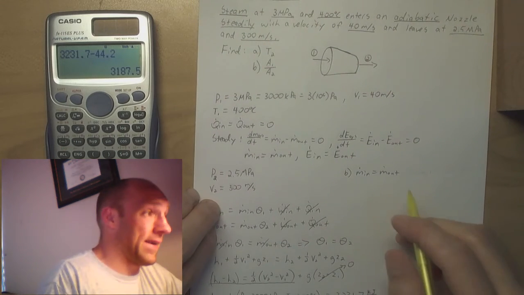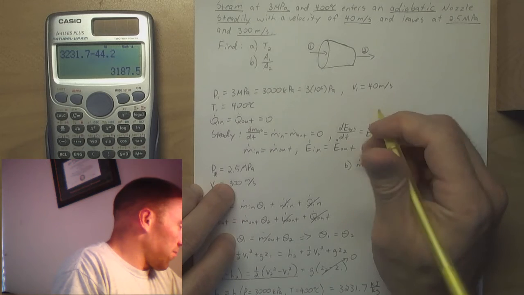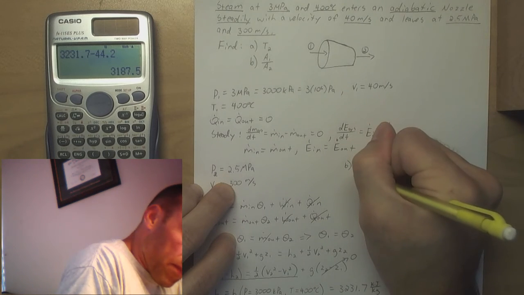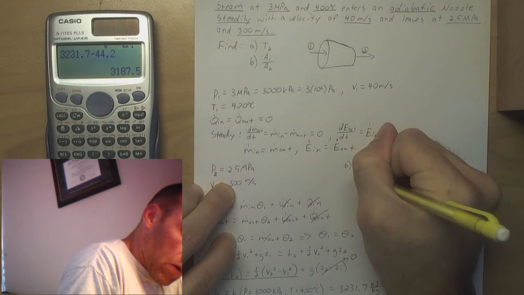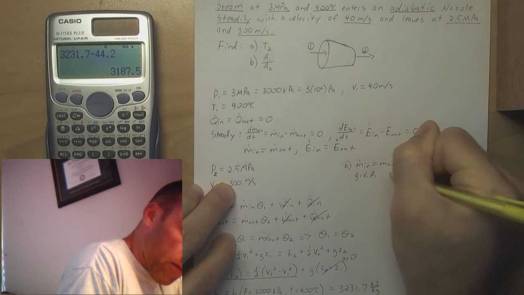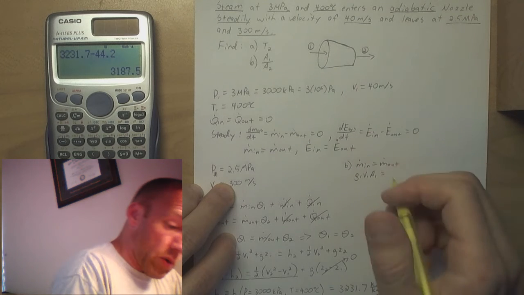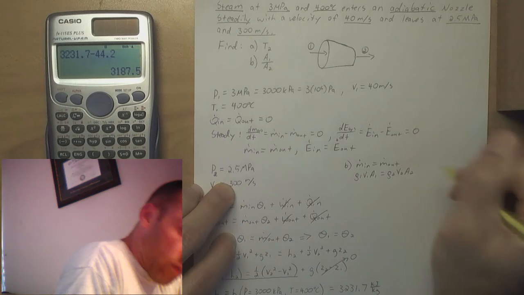So m dot in is rho 1 v1 a1, and m dot out, or m dot 2, I guess, is going to be rho 2 v2 a2.